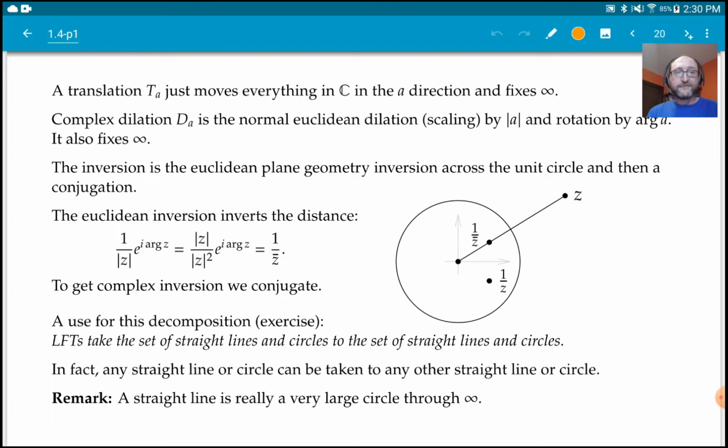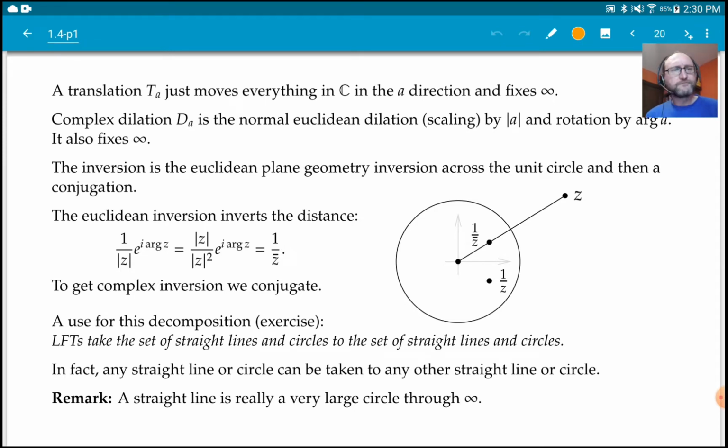So if I think of that geometry on the Riemann sphere, those are just going to be circles, right? There's no way to do a really straight line on the Riemann sphere.